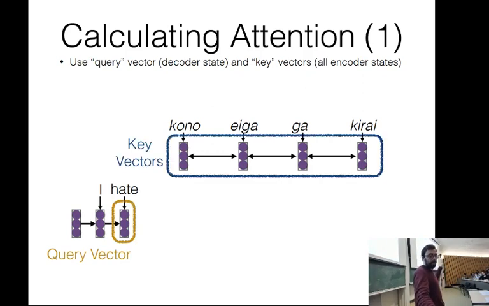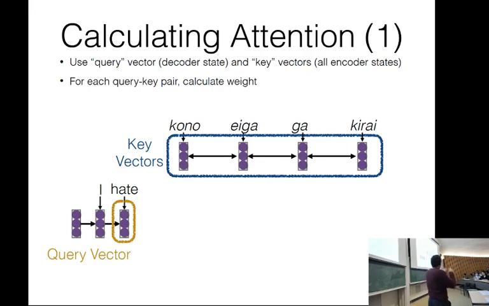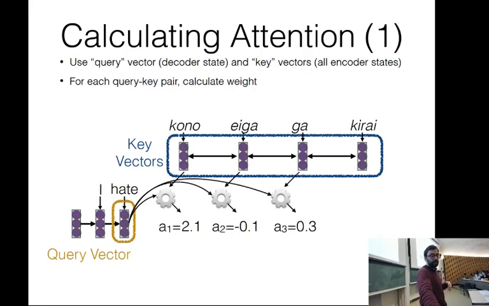For every pair of a query and a key, we'll somehow calculate a weight. That will tell us how important the query thinks each of the keys is for generating the next word. So we do that somehow, and we get these numbers for each of those source vectors.